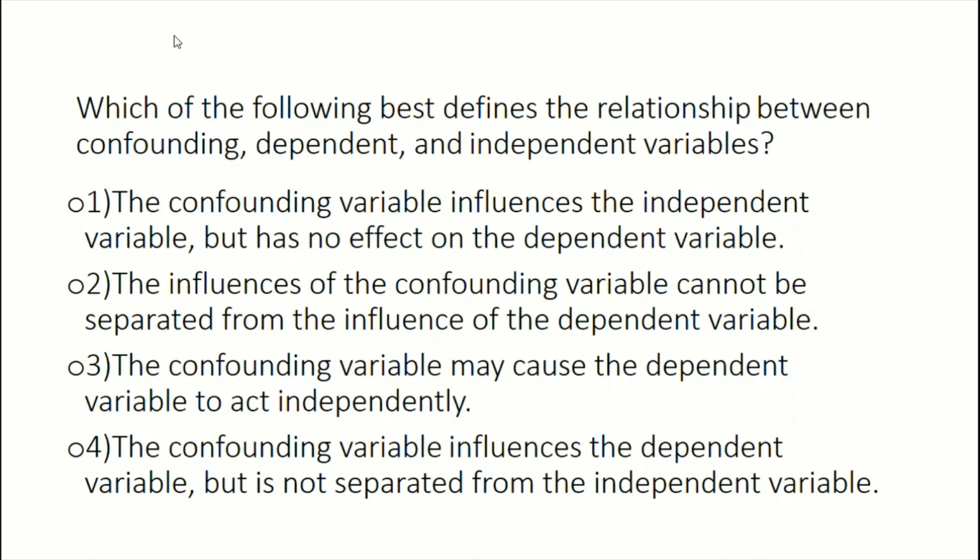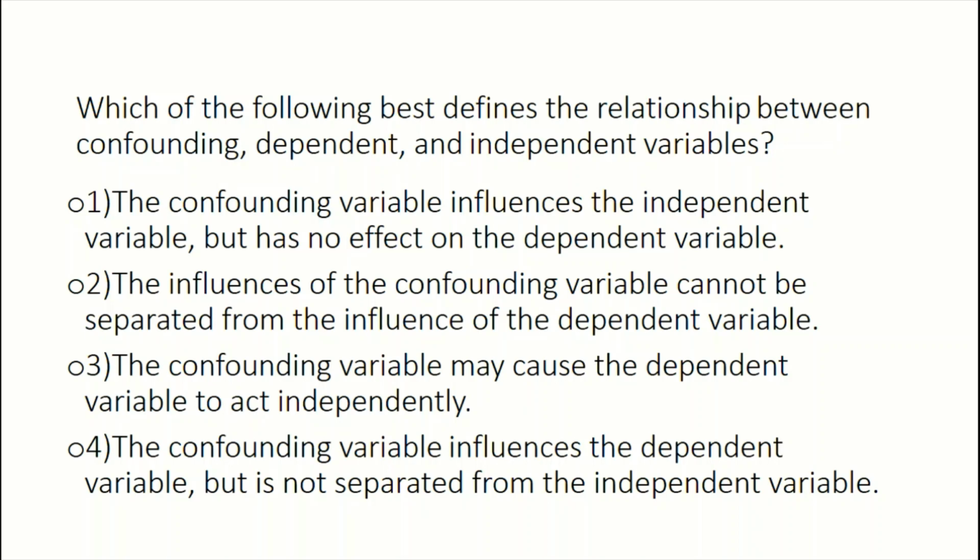Which of the following best defines the relationship between confounding, dependent, and independent variables? A confounding variable is a factor other than treatment that causes an effect on the subject under study. A dependent variable, also called a response variable, changes when the independent variable is changed.